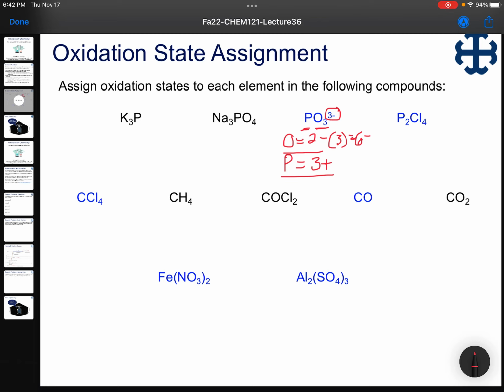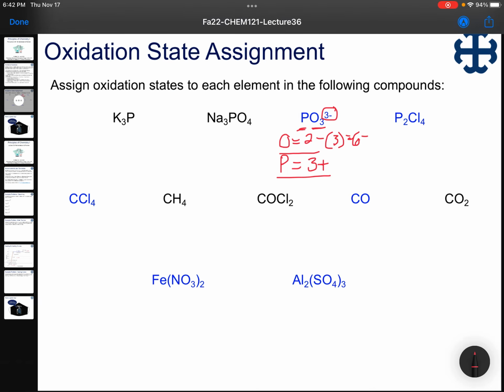Next example, we have P2Cl4, and in this case, we know all of our oxidation states need to add up to 0. If we don't have any charge shown, positive or negative, we can assume that our charge will be 0. So if we go down our list of rules, the first one that would be relevant here is that chlorine is in group 17 on the periodic table.